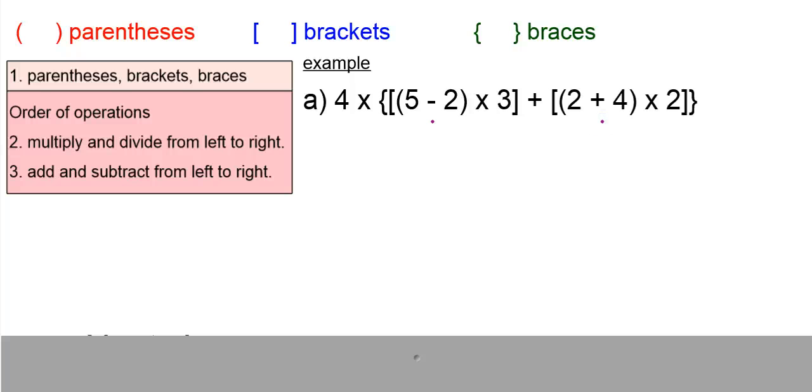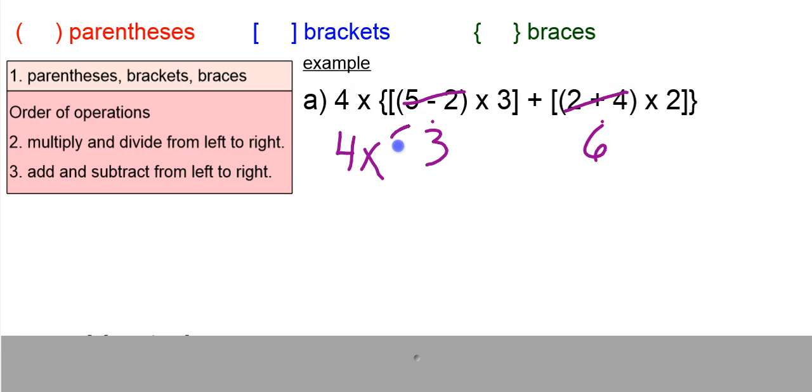5 minus 2 is 3, and then 2 plus 4 is 6. That's the only thing that I need to do. I need to keep everything else in order for me to be able to successfully solve this. So I only got rid of the parentheses. So these are the pieces that we got rid of.